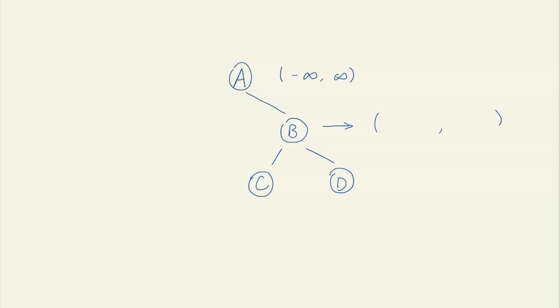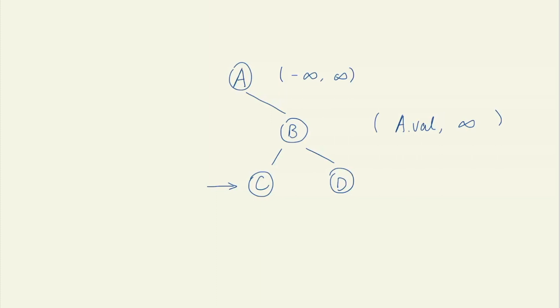Since node B is the right child of node A, we immediately know that the value of node B is going to be greater than the value of node A. So the value of node A would be the lower limit for node B instead of negative infinity, which is the lower limit of node A. And the upper limit still stays the same as node A, so it's still going to be infinity.